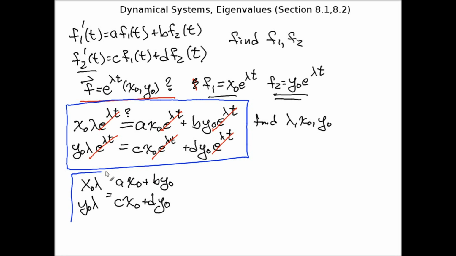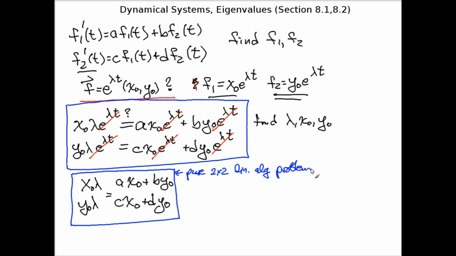And now that is a purely linear algebra statement. There's no functions. There's no t. There's no e to the lambda t. X naught, y naught, lambda, a, b, c, and d are all constants. So this is a pure 2 by 2 linear algebra problem. And exactly what problem is it? Let's write it as a matrix equation.